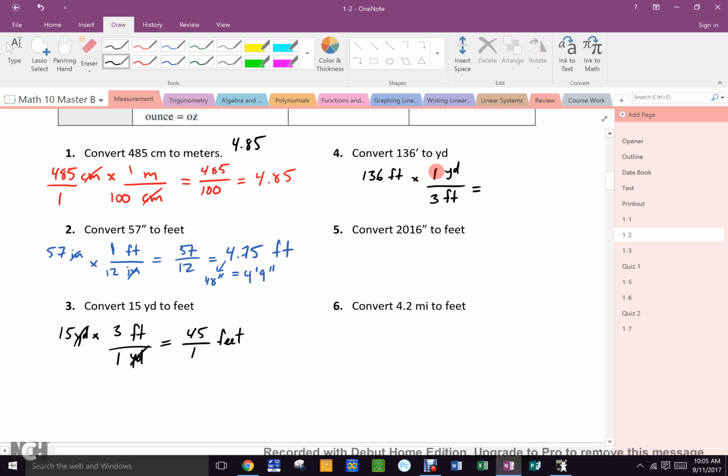So when the 1 is on the top, what math are we going to do? Divide. So this becomes 136 over 3, which is what? What's 136 divided by 3?